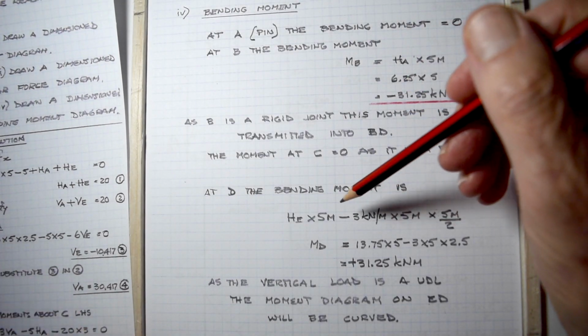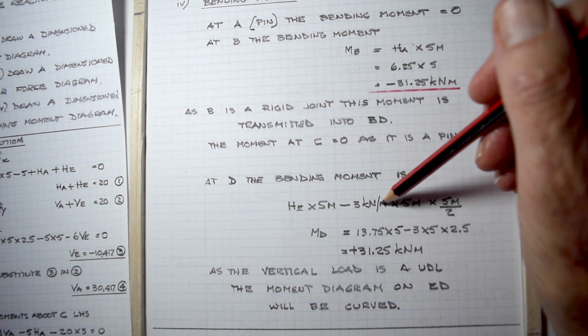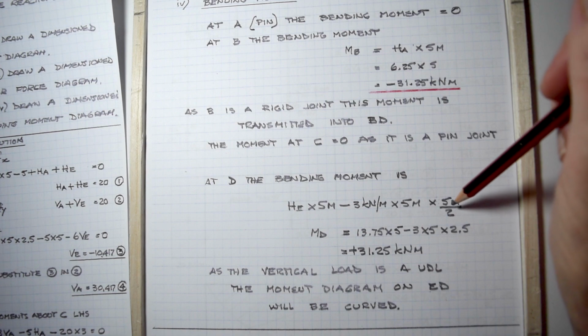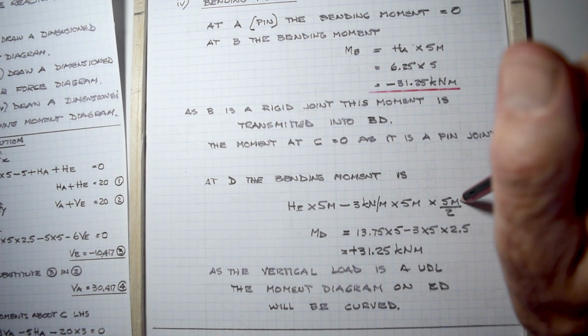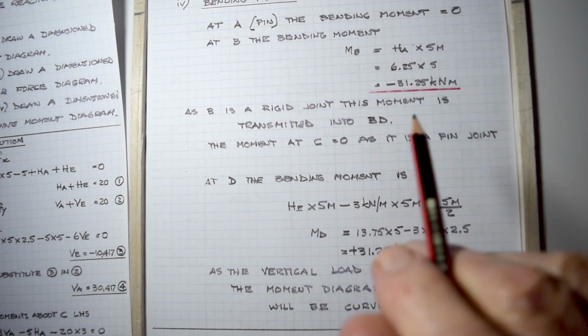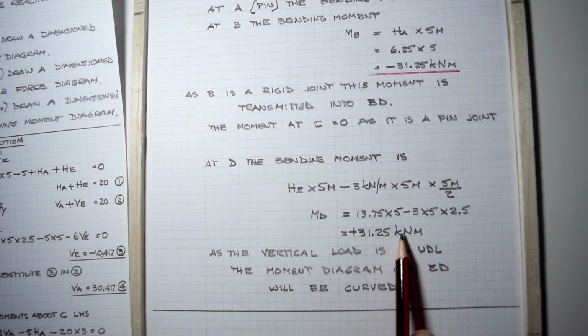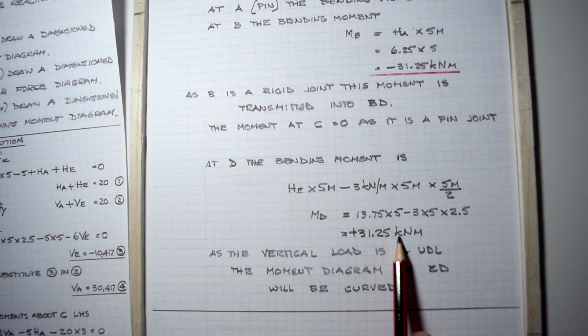Here you have it. HE times 5 minus 3 kilonewtons per meter times 5 meters times the distance from the center of the UDL to the top, which is a half of 5 meters, and you get a bending moment at the top, which is 31.25 kilonewton meters.